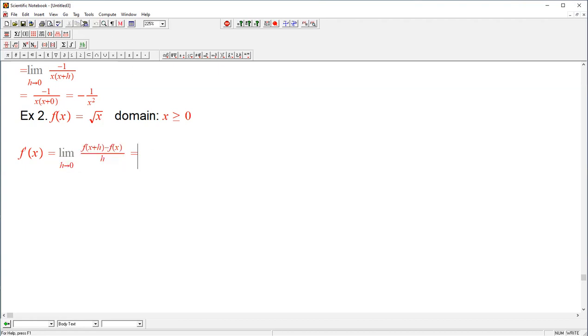We're going to plug in, and we're getting the square root of x plus h for f of x plus h, and the next one is the square root of x. We all know very well how to deal with this kind of situation, which is to use a conjugate.